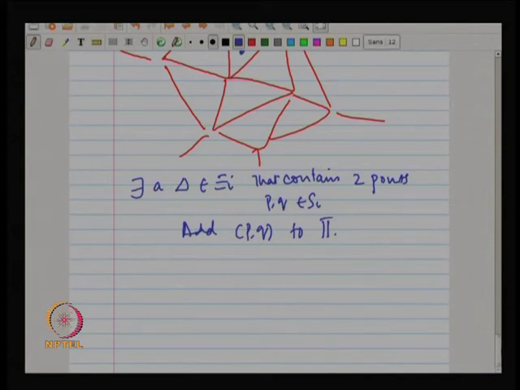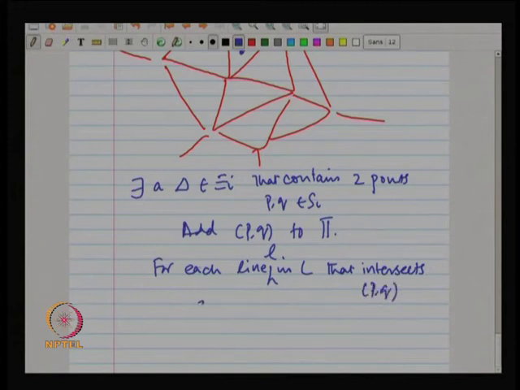Okay, not yet, one more step. For each line in L that intersects P Q, double its weight.